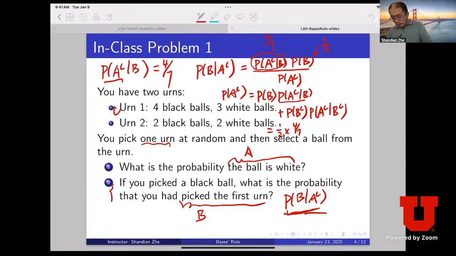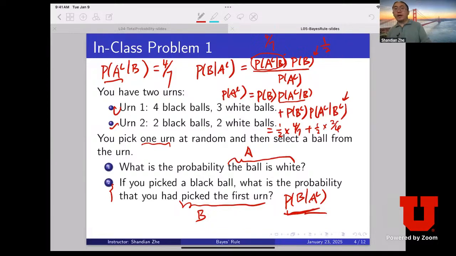And the probability of B complement will also be 1/2, which means you select the second arm, with the same chance as selecting the first arm. Then what is the probability of A complement given B complement? 1/2. You should look at the second statement: given arm 2, you have 2 black balls and 2 white balls, and the chance you get a black ball is 2 over 4, or 1/2.